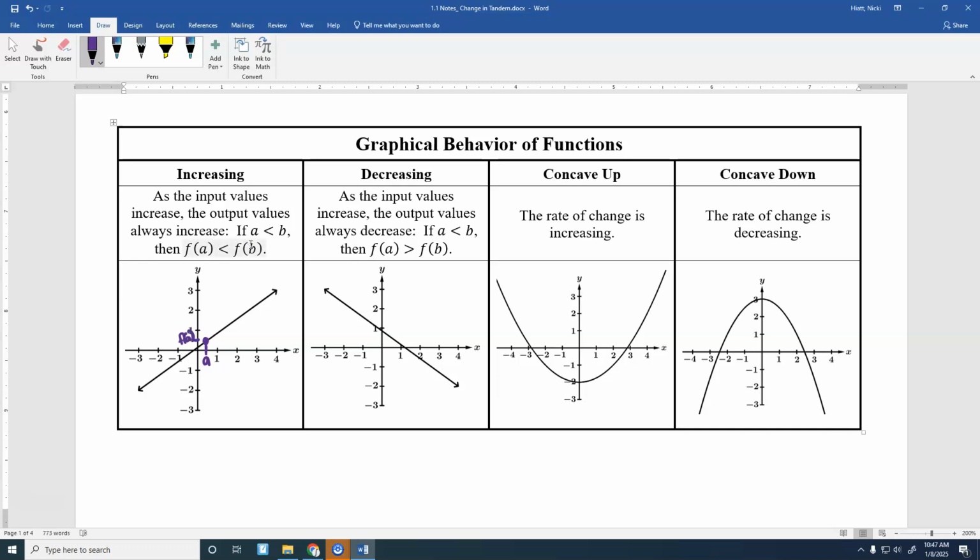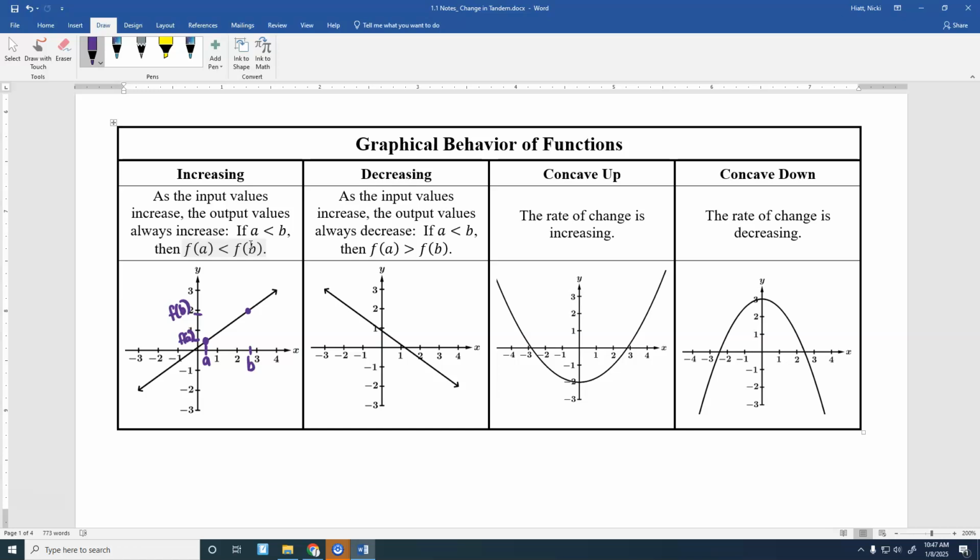Because that would be the value that we plug in. And if I put B over here, then f of B would be over here. So if you have a lower input value, you'll have a lower output value. If you have a higher input value, you'll have a higher output value. So that is the official mathematical definition of increasing, but most of the time we can just tell by looking at it, right? Whether it's increasing or decreasing.